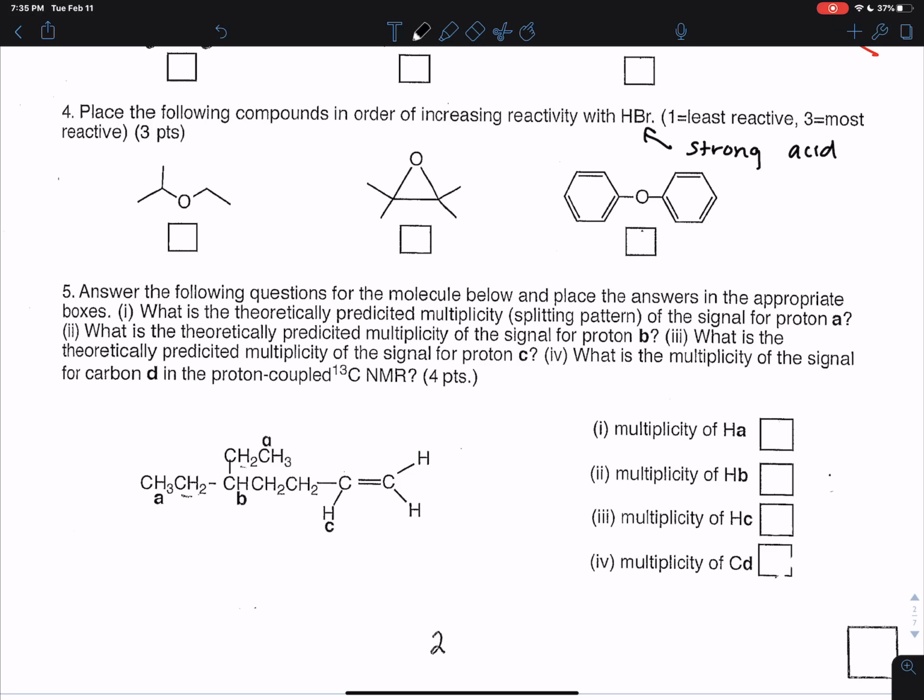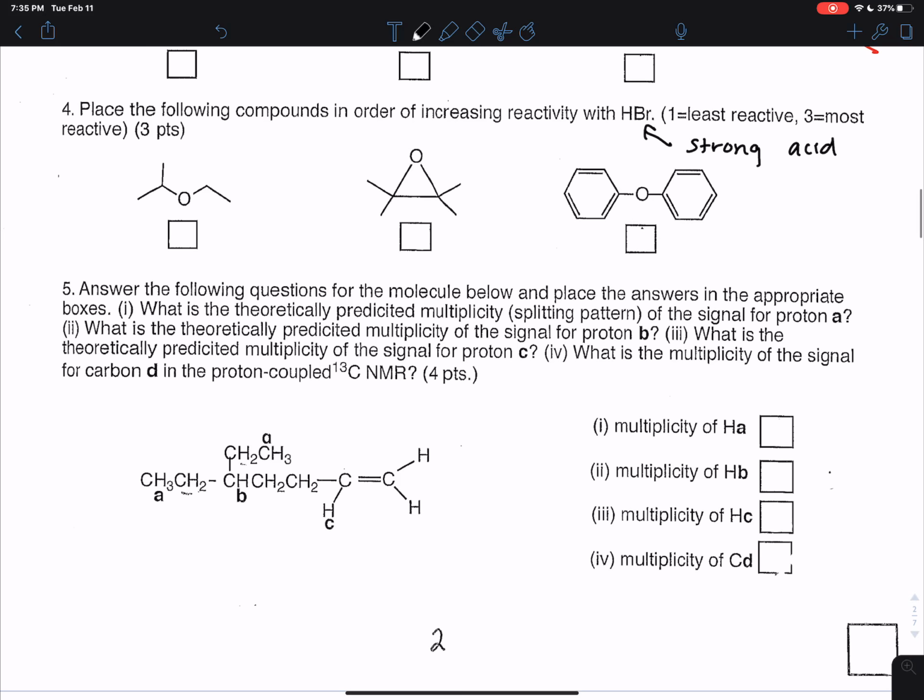Okay, so we have a strong acid, and we're going to see if they're going to react with these guys, okay? So we have ethers being shown. We have an ether over here. We have an epoxide over here. And then we have another ether with these 2 benzene rings coming off of it, okay?